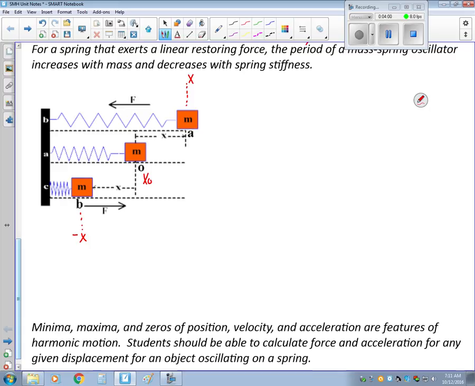Then, we can start looking at the forces acting on this block. The net force acting on this block is that elastic force. Notice that when I displace this in a positive direction, I have a negative force. There's only one force acting on this block in the x direction, so it's not in equilibrium, and it's going to equal m times a.